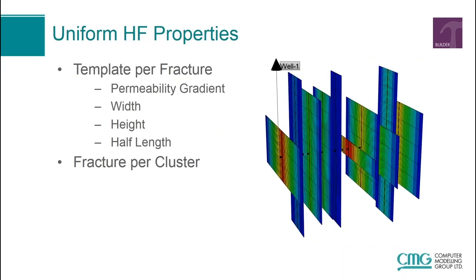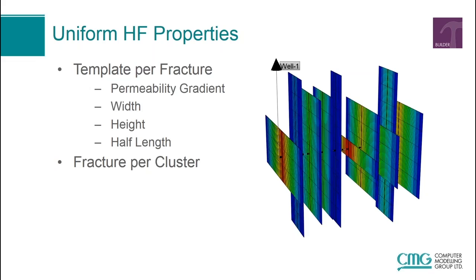The first is taking advantage of what is already in place with our bi-wing planar fracture templates. Taking the file exported from any hydraulic fracturing tool, we read through the long table of values and for each fracture find the minimum and maximum conductivity.